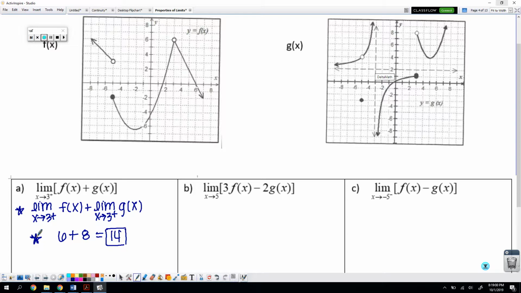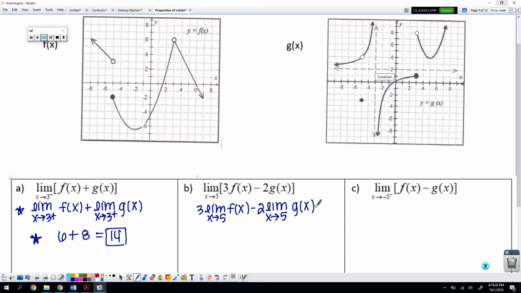Okay. So for letter B, we're going to do the same exact idea, except now we have the coefficient rule. The coefficient rule says that you can put it out front of your limit. So it's going to go 3 limit as x approaches 5 of f of x minus 2 times the limit as x approaches 5 of g of x.